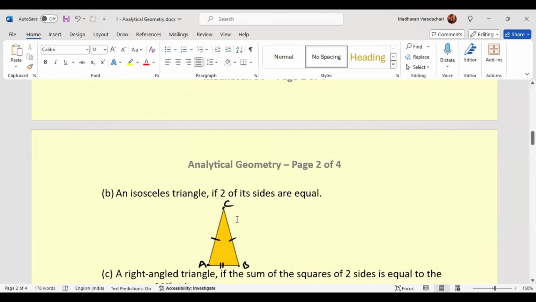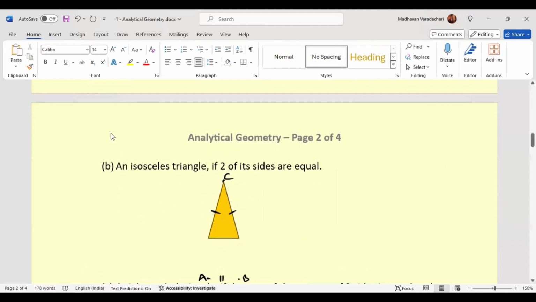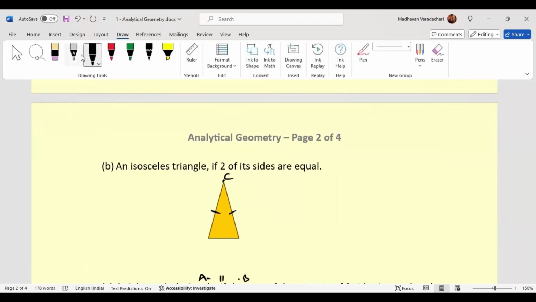Two sides are equal. That is what it says. So this is a different side.